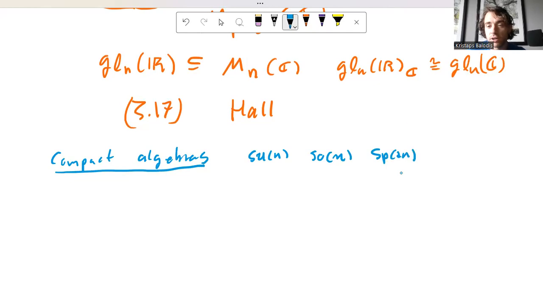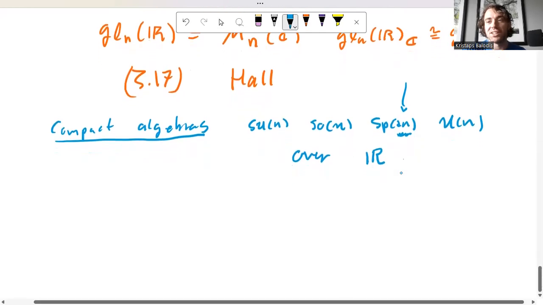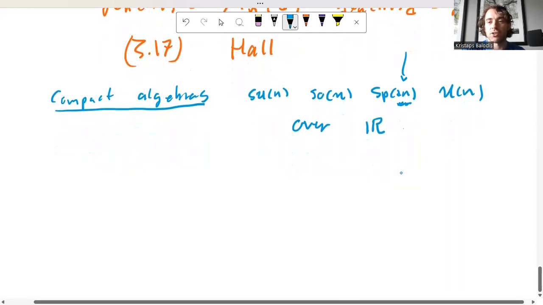You should be careful: Hall indexes this just with n, but it really should be 2n, since sp only exists for 2n by 2n matrices. And u(n), for example. These are all real Lie algebras, and these are the basic list of compact ones.